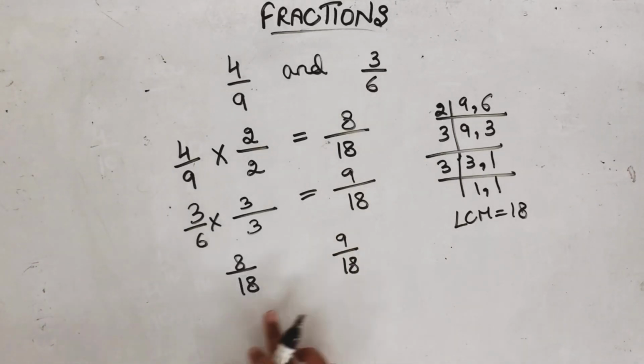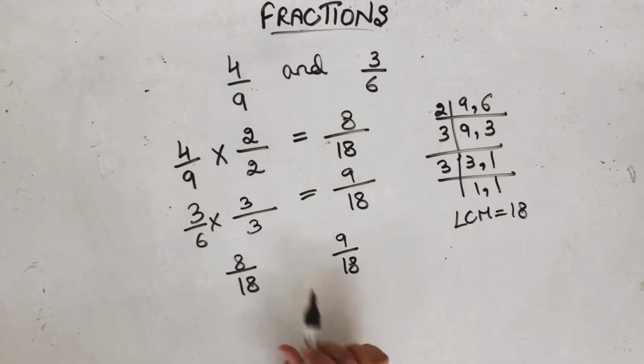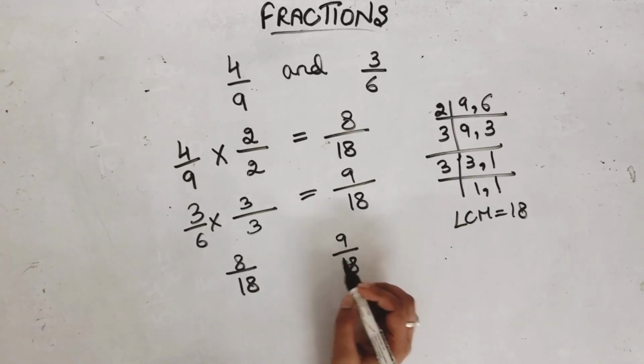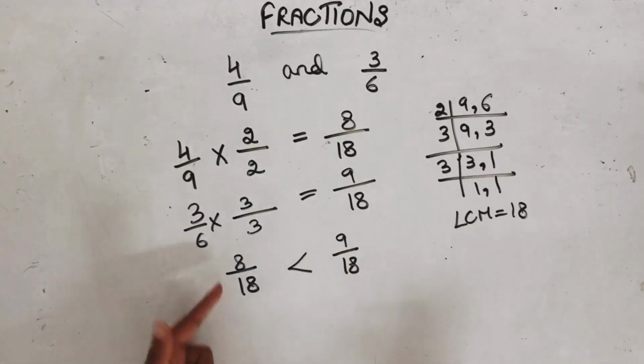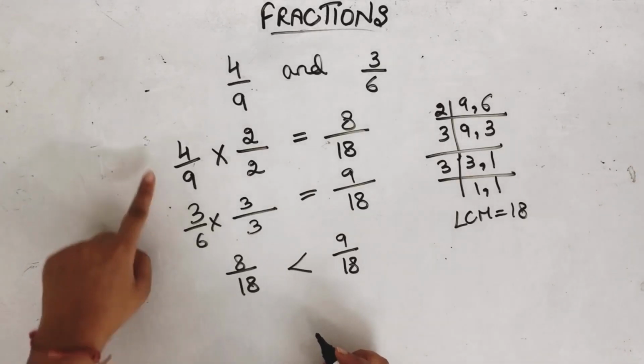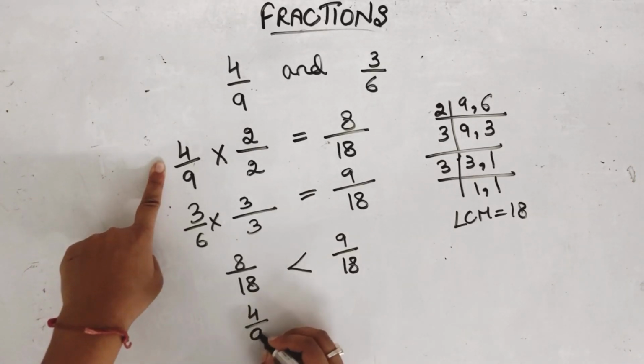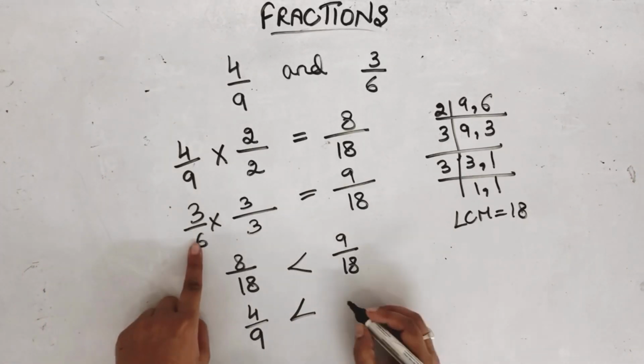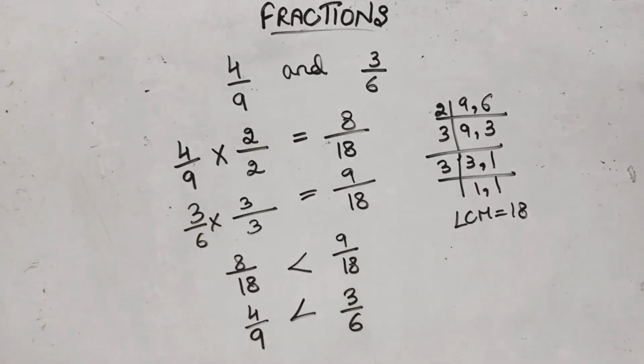Now these two are like fractions, so you can compare the numerators. 8 is less than 9. Therefore 8 by 18 will be less than 9 by 18. Now, 8 by 18 was written in place of 4 by 9, and 9 by 18 in place of 3 by 6. So 4 by 9 is less than 3 by 6.